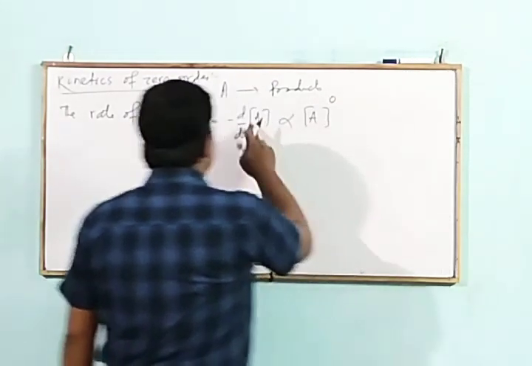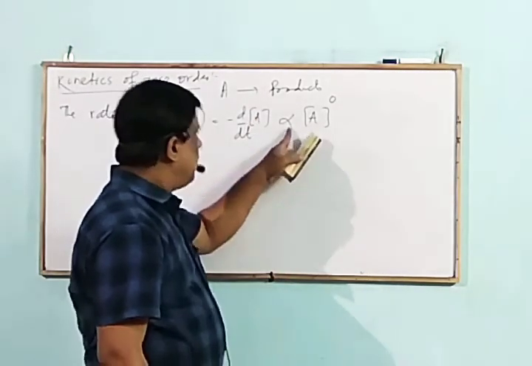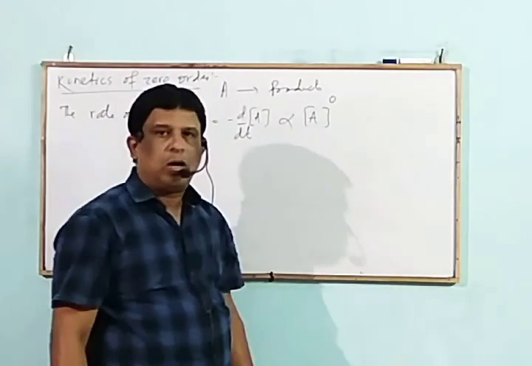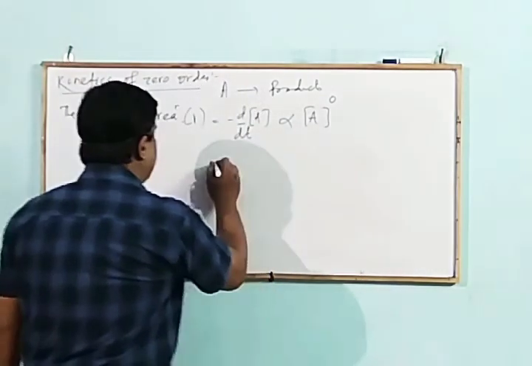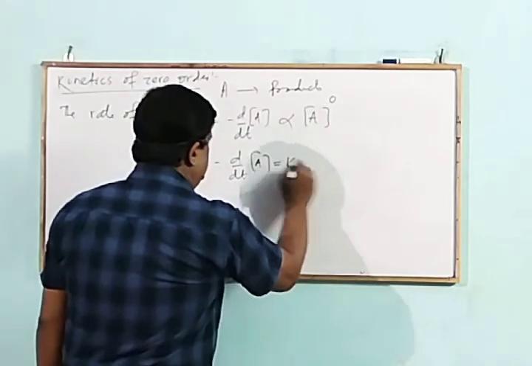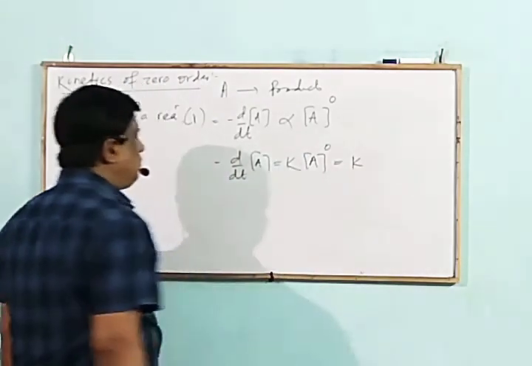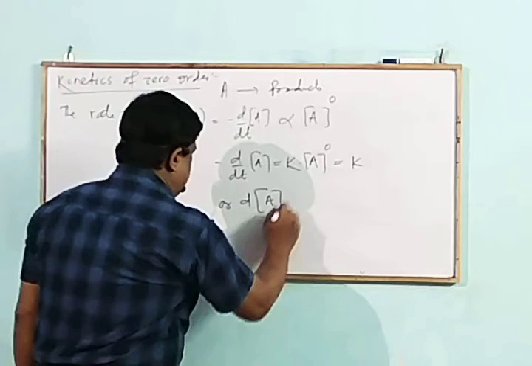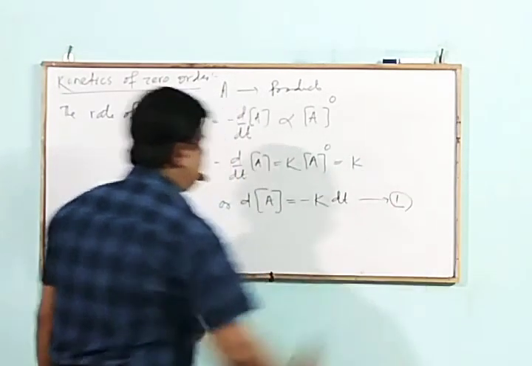So minus d by dt of A is equal to k into A to the power 0, which is equal to k, or d of A is equal to minus k into dt, equation 1.